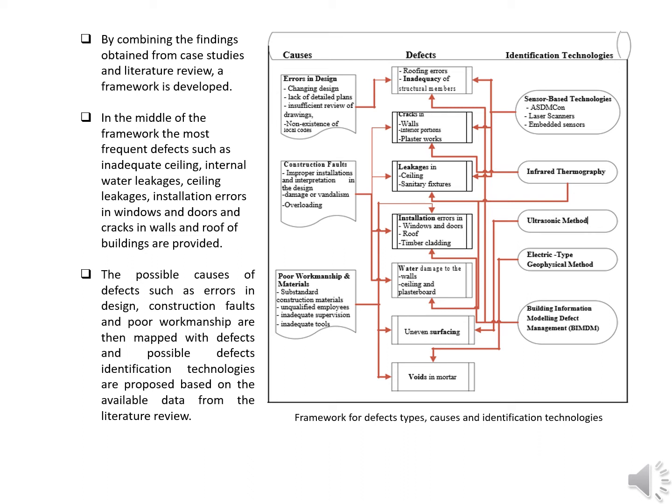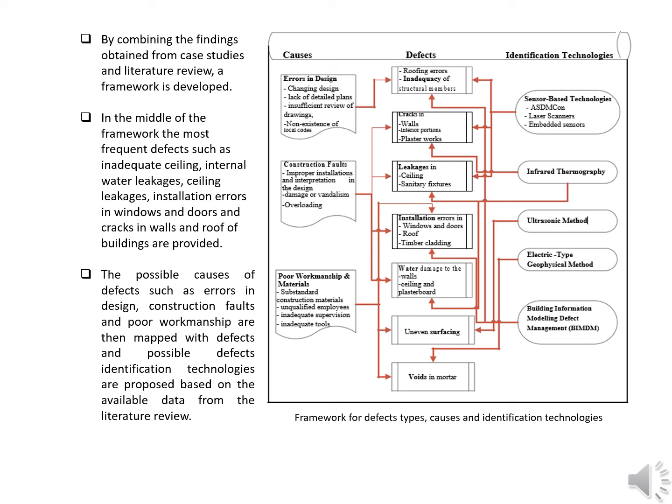Defect causes like design errors, construction faults, poor workmanship, and materials are listed on the left side of the framework. Defects like roofing errors, cracks in walls, interior portions, leakages in ceiling, water damage to the wall, uneven surfacing, and voids in mortar are the different defects observed from the 5 case studies, listed in the middle column.